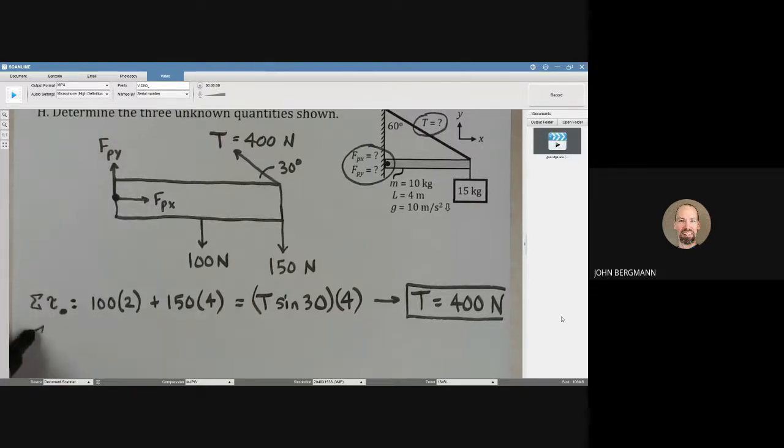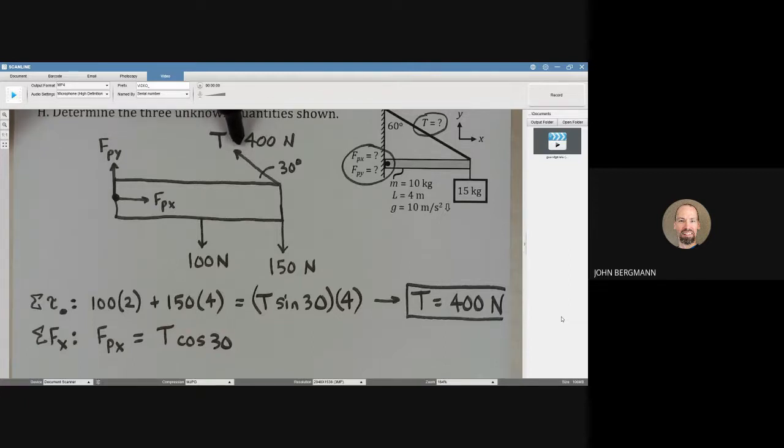Well, if we sum the forces in the X direction, don't we find that FPX needs to be numerically equal to the tension times the cosine of 30? See, the tension can be resolved into an X and a Y component as well.